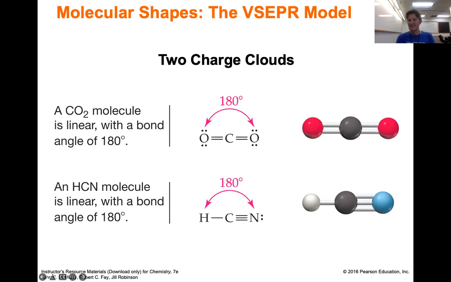The lone pairs on the oxygen aren't going to determine the angle because they're not at the vertex of the angle. Hydrogen cyanide is similar. It has two charge clouds. One of them is a triple bond, one is a single bond, but it's still two regions of space that want to be as far apart as possible. So it's also going to be 180 degrees.